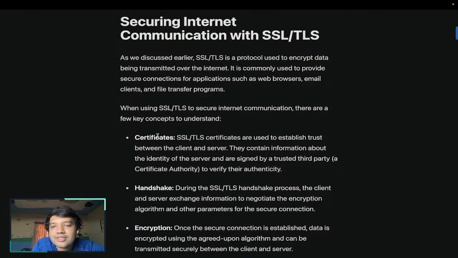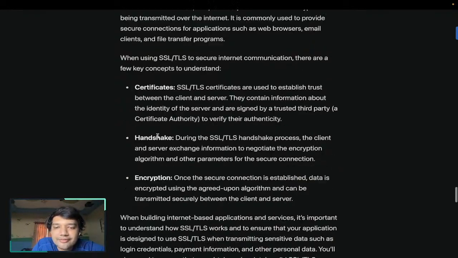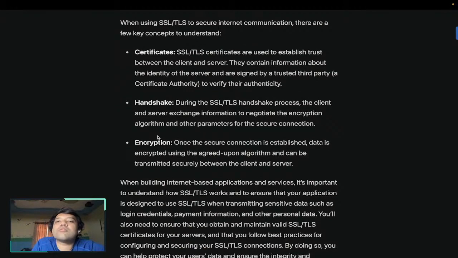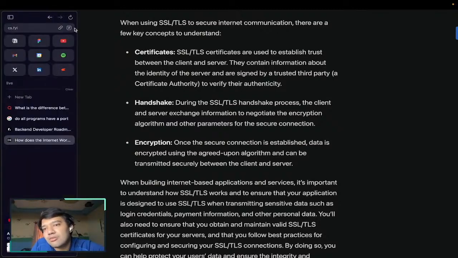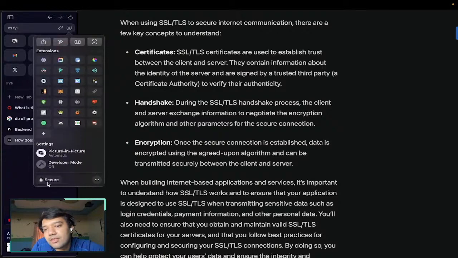When using SSL/TLS to secure internet communication, there are a few key concepts to understand. Certificates. SSL/TLS certificates are used to establish trust between clients and servers. They contain information on the identity of the server and are signed by a trusted third party, a certificate authority, to verify authenticity.